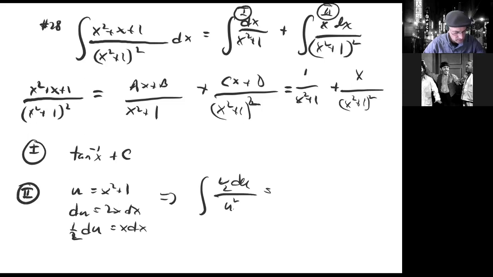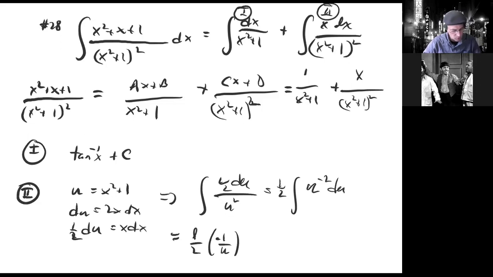So it's 1/2 the integral of u to the minus 2 du, which is the same thing as 1/2 times minus 1 over u, or minus u to the minus 1, plus c. So this is minus 1/2 times 1 over x squared plus 1 plus c.